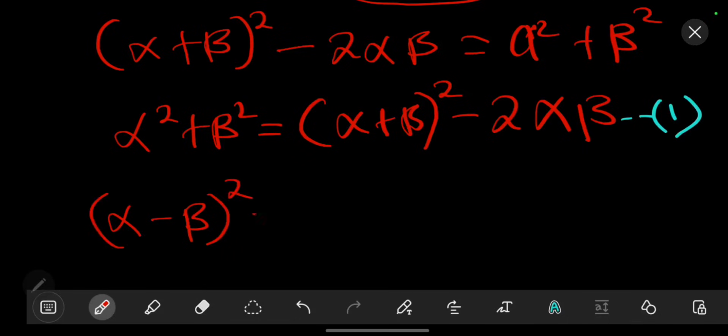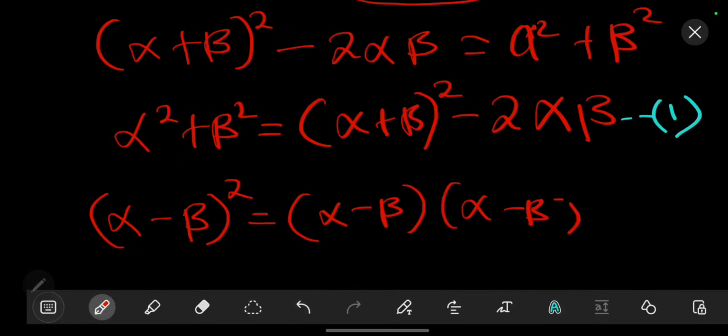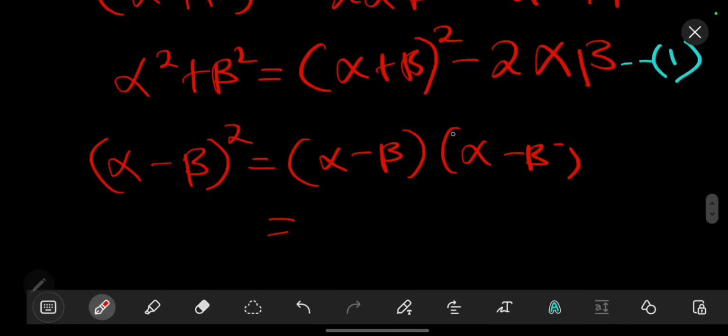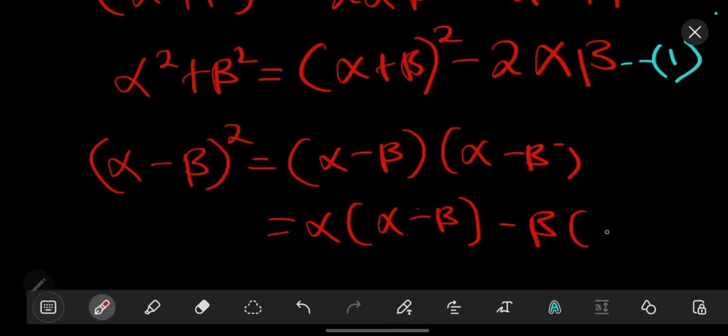This expanded shall be alpha minus beta times alpha minus beta. That's the meaning when we have a square outside the bracket. So expanding, the first number multiplies everything, then the second number with everything.